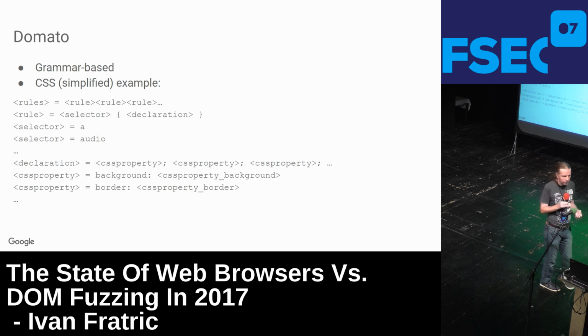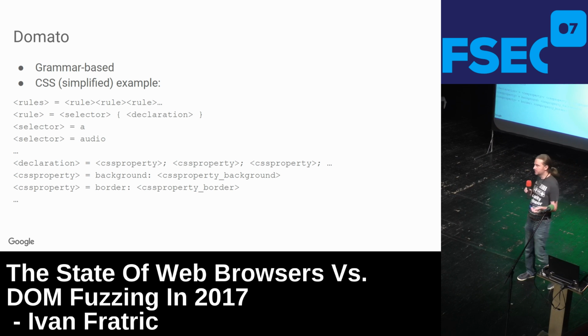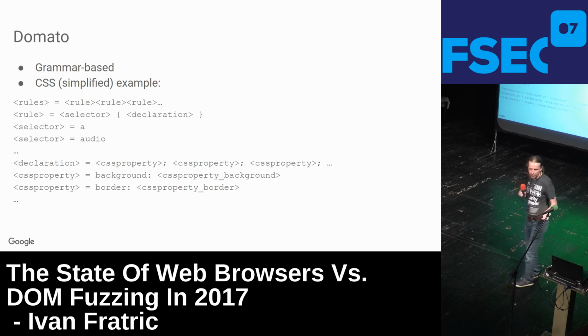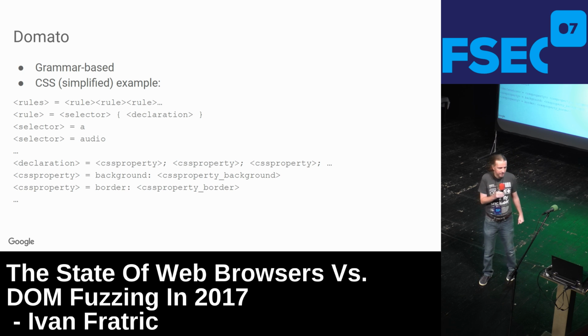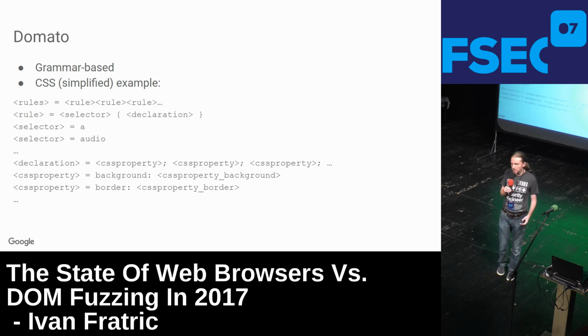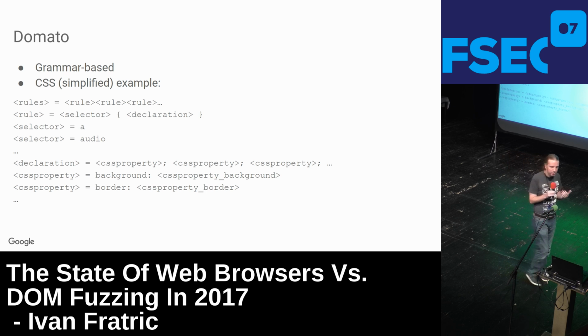And so if you're familiar with CSS, this should be fairly readable. CSS code basically consists of a set of rules. And each rule contains a selector part followed by a declaration part enclosed in curly brackets.